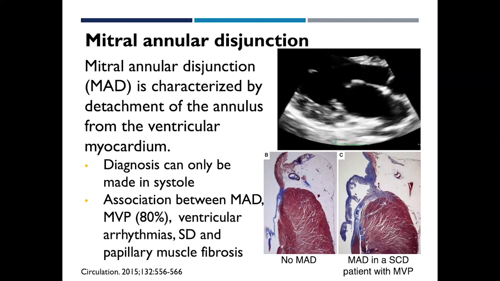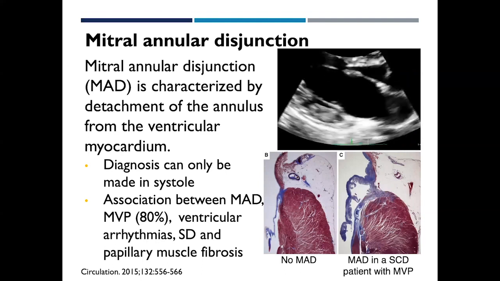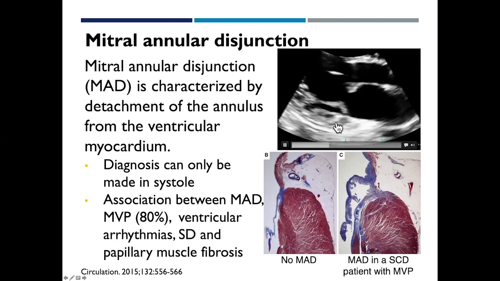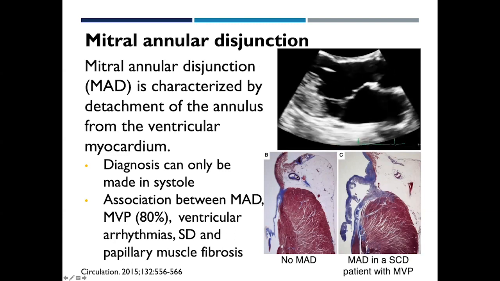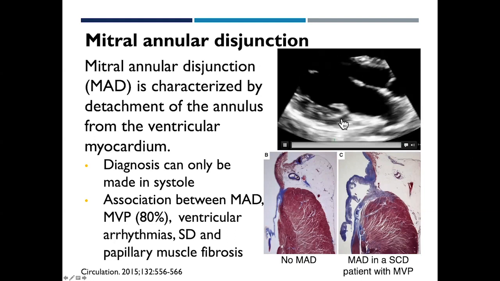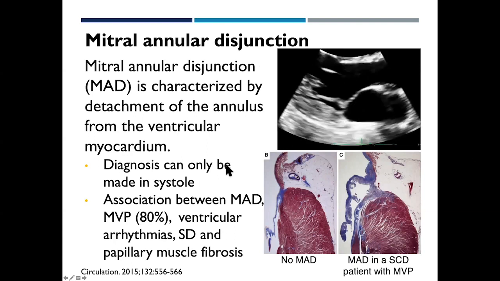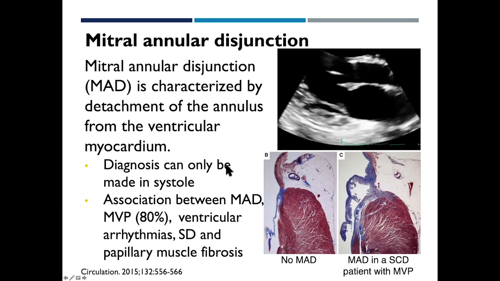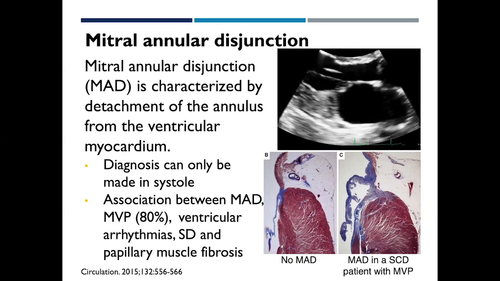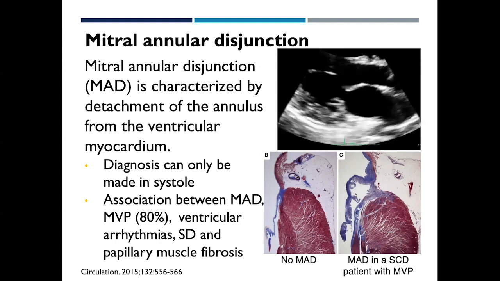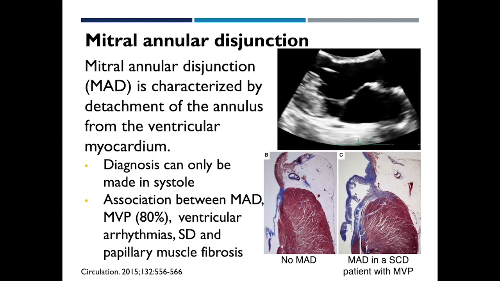So mitral annular disjunction is characterized by detachment of the annulus from the ventricular myocardium. And you can appreciate it mostly on the long axis view, as you can see here, how the leaflet is bouncing backwards. The diagnosis can really only be made in systole, and there's an association between mitral annulus disjunction and mitral valve prolapse in about 80% of cases. There's also association with ventricular arrhythmias, sudden death, and papillary muscle fibrosis.